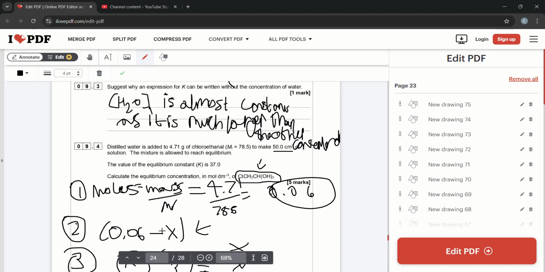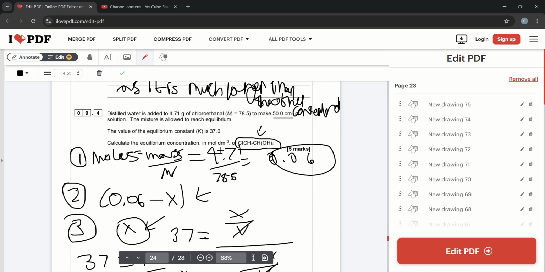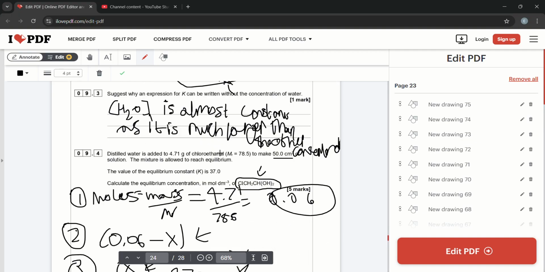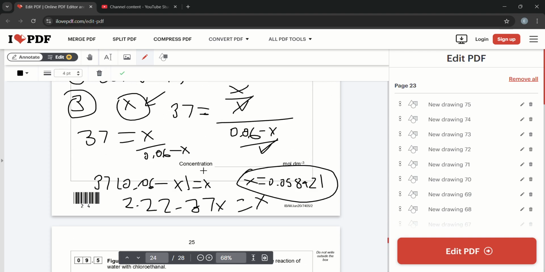In order to find the equilibrium concentration of this, well, we've got the answer.